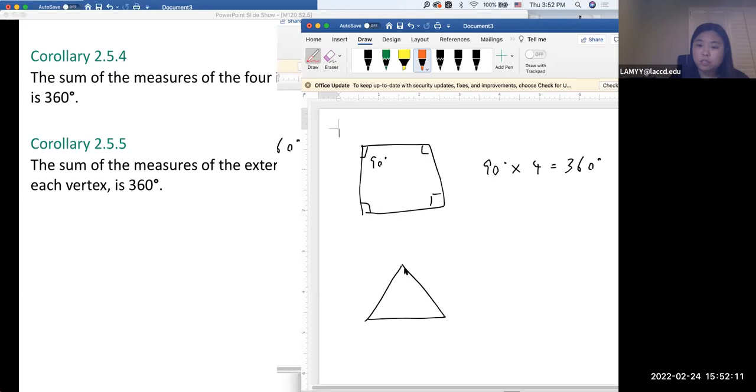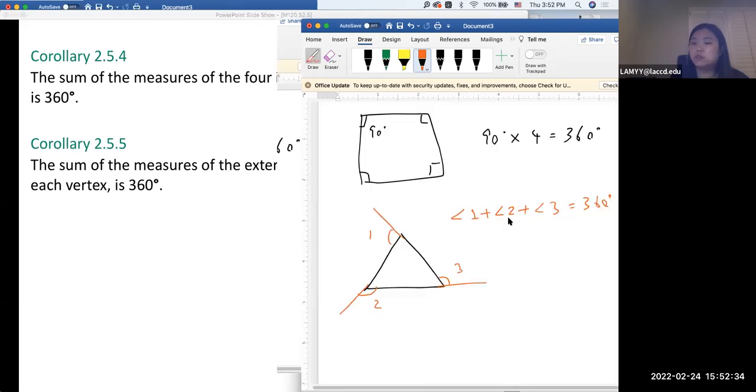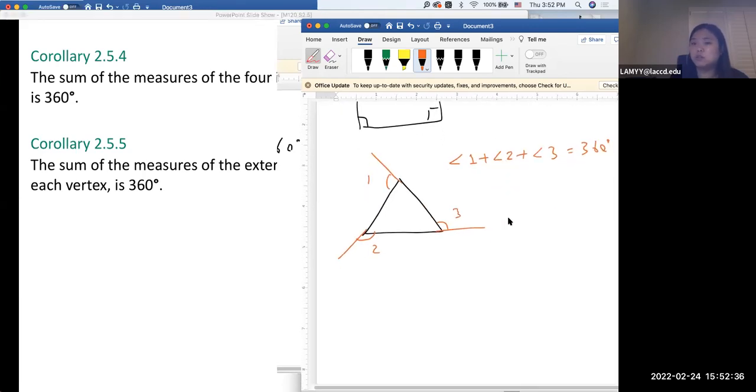When you draw the exterior sides, like here, here, and here, we do have 3 exterior angles: angle 1, angle 2, and angle 3. And when you add up these 3 angles together, that will be equal to 360. It's not only applied for the triangle, it's all polygons.